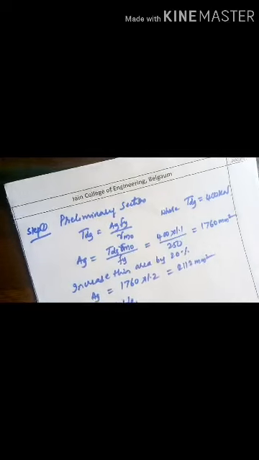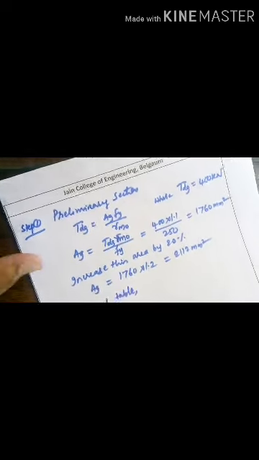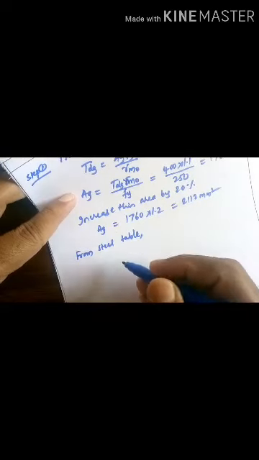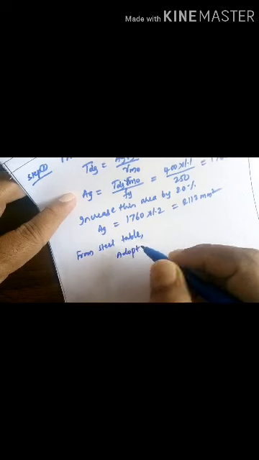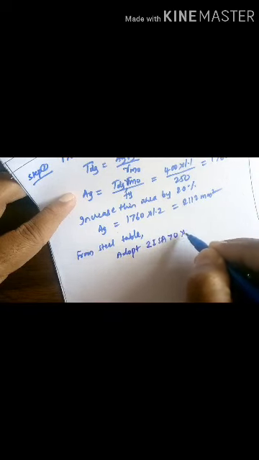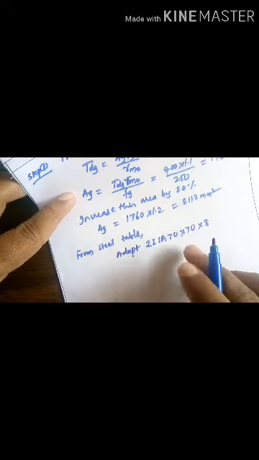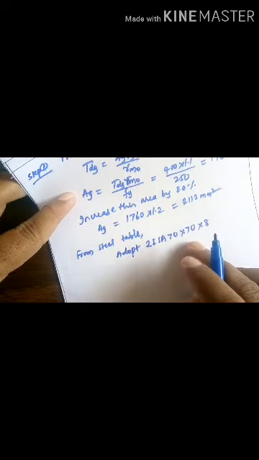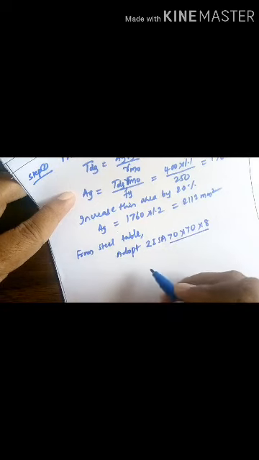On the steel table, for the double angle section you have to refer, then adopt ISA 70 by 70 by 8. When you select a section from the steel table, just note down the area of this section, that is the area provided.